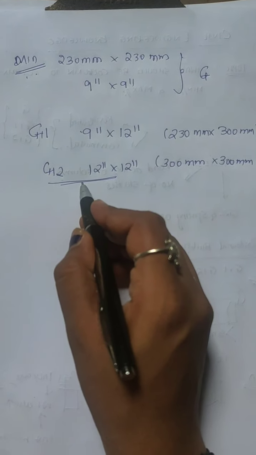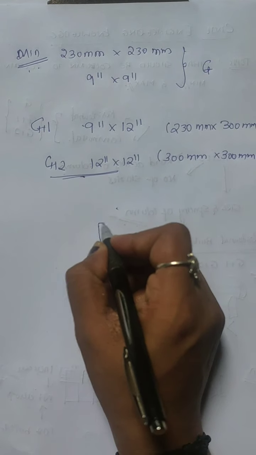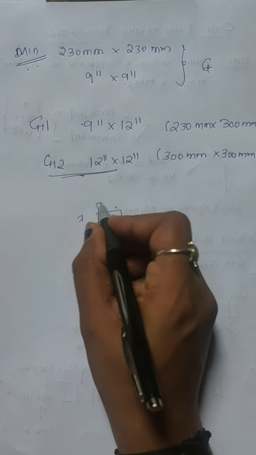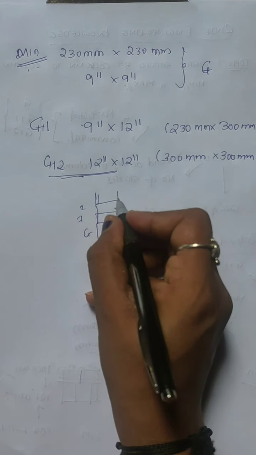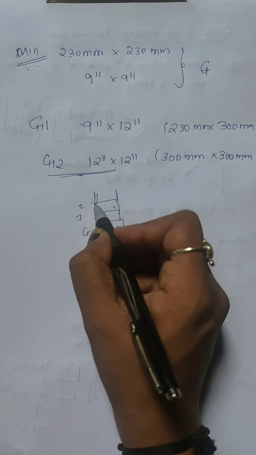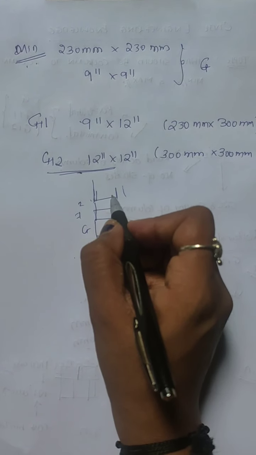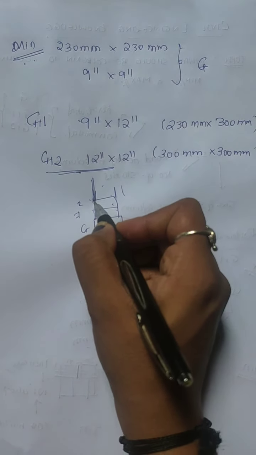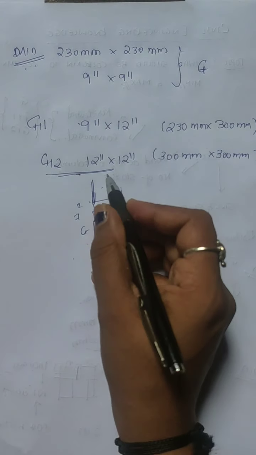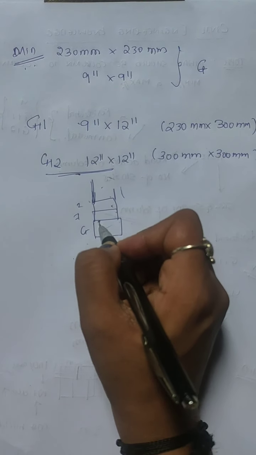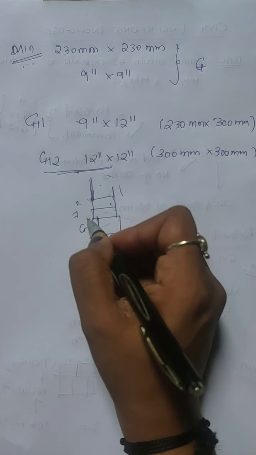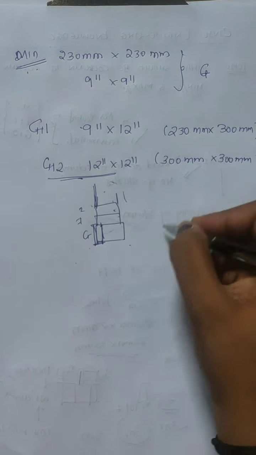Because in future you are going to raise your building. For example, we have constructed the ground, then 1 story, 2 story, and you have kept an extension of your rods, and further you are going to increase. In such cases, in top floors you can reduce your column size. At the bottom, in order to hold the entire building, the column size should be a little larger.